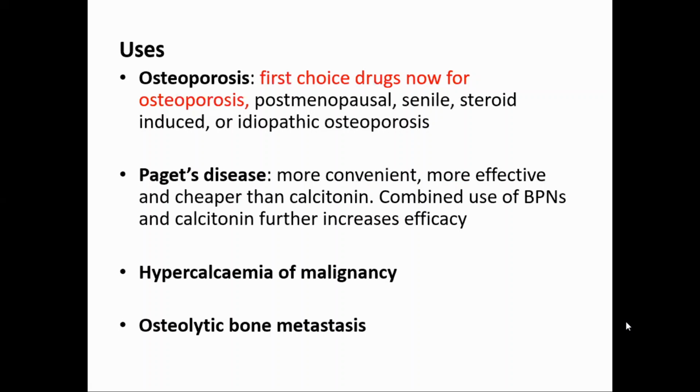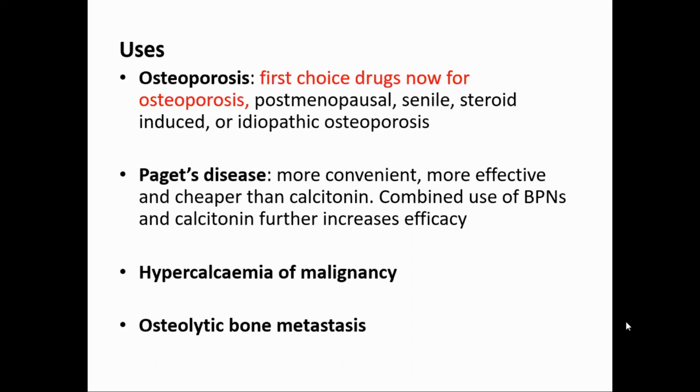As for uses, it is the first choice of drug in the treatment of osteoporosis, whatever the form: postmenopausal osteoporosis, the osteoporosis that occurs in women after menopause, after stopping of menstruation. It is also the first choice drug in age-related or senile osteoporosis, and in the treatment of steroid-induced osteoporosis.